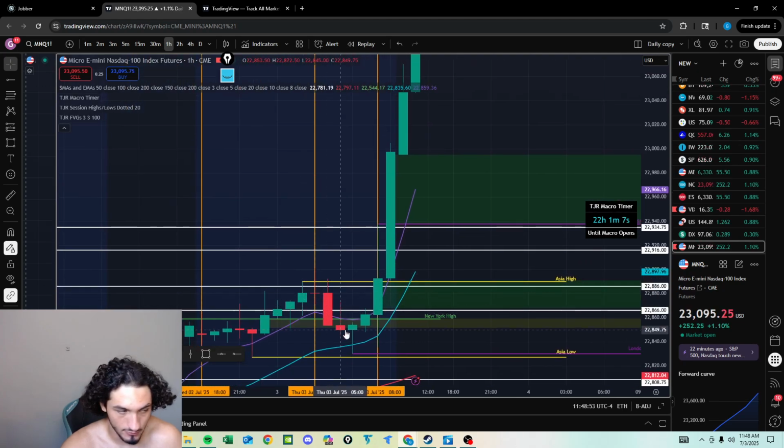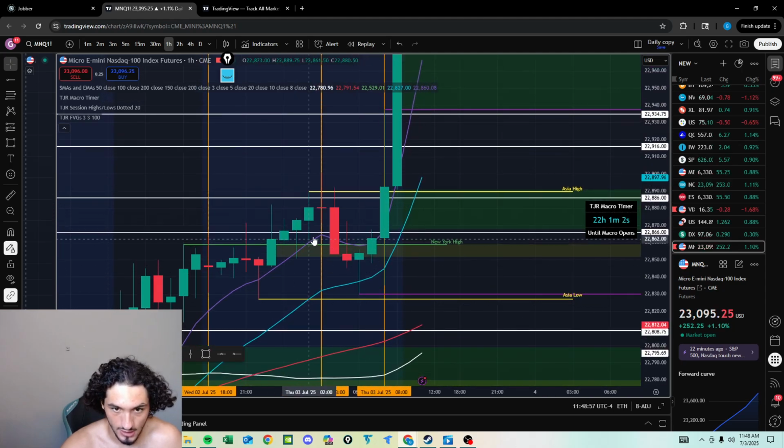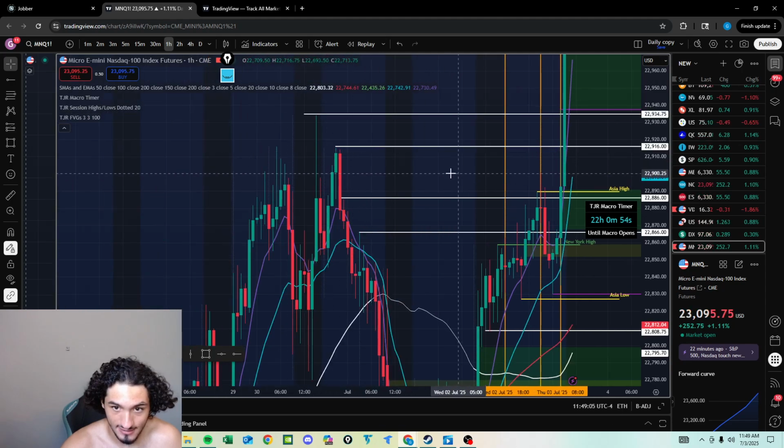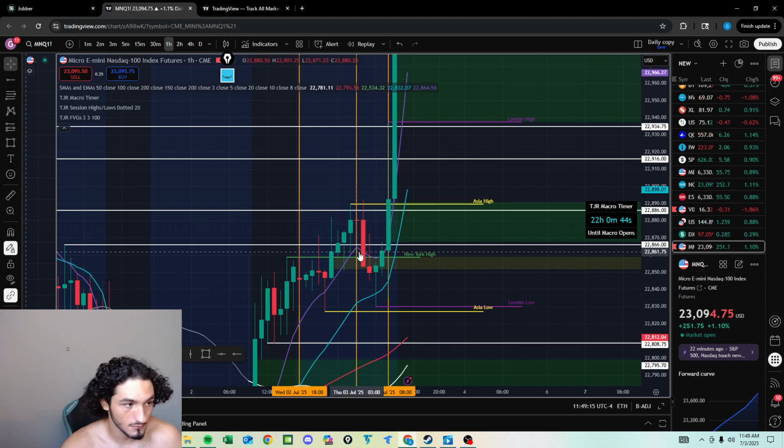Boom, boom. And then what happens in London session is we crash down after the reversal. We end up manipulating to take out hourly highs. So it would be a previous session manipulation plus reversal.